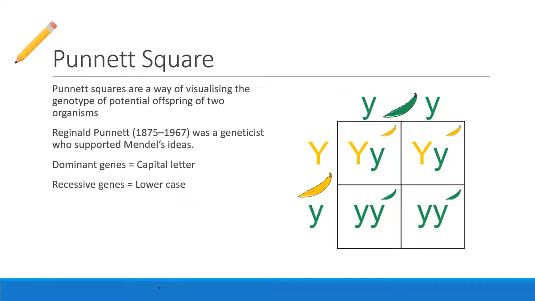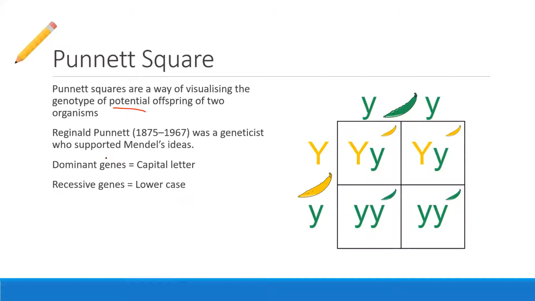Punnett squares are a way of visualizing the genotype of potential offspring of two organisms. On the right here, going back to Mendel's peas, the yellow color is dominant, whereas the green, or not yellow, is recessive.